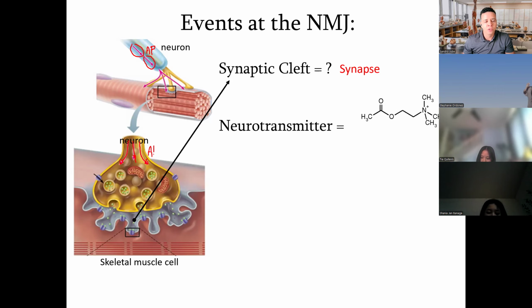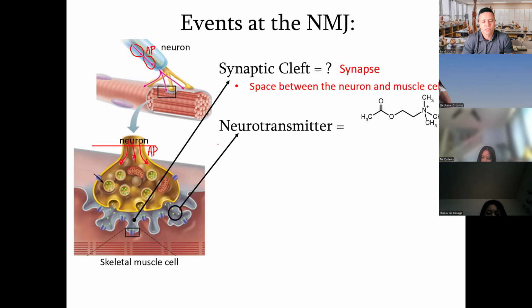It is going to induce the release of little chemicals called neurotransmitters. So we can see these little green spheres right here, and I hope everybody's paying attention because this is important. These little green spheres are inside little vesicles, and once the action potential arrives at the axon terminal, it is going to induce the release of these little chemicals into the synapse.